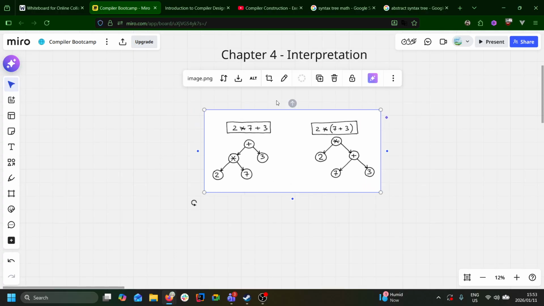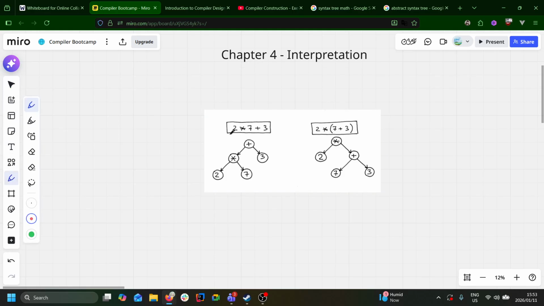So an example of interpretation is that your code would look like this. So let's say this is your code, right? You would tokenize it like so. So you tokenize each value, and then from here you would apply an algorithm to parse this into a tree.